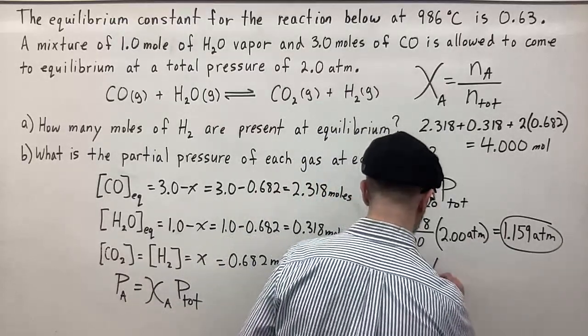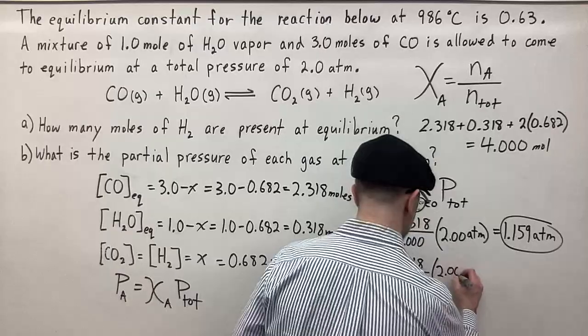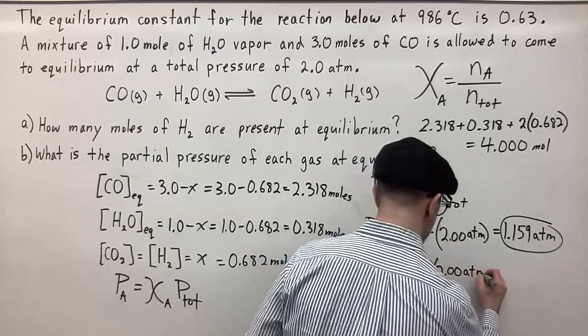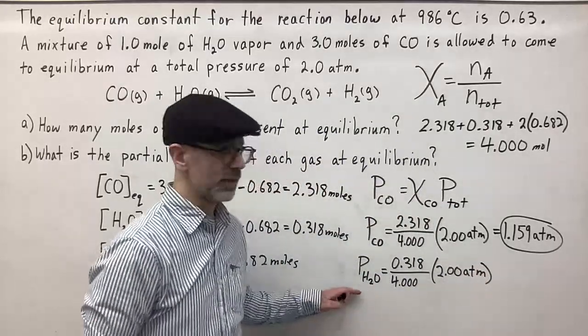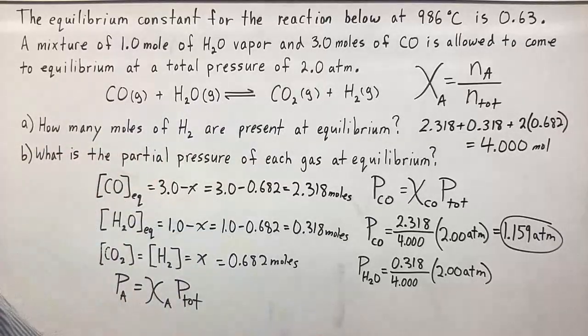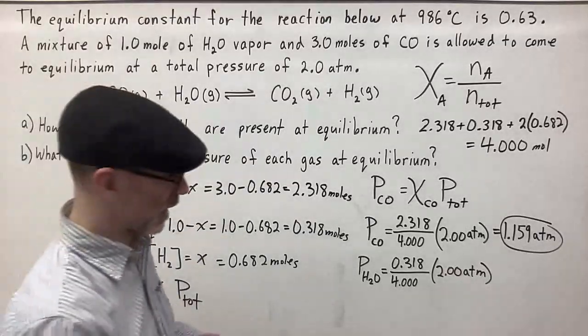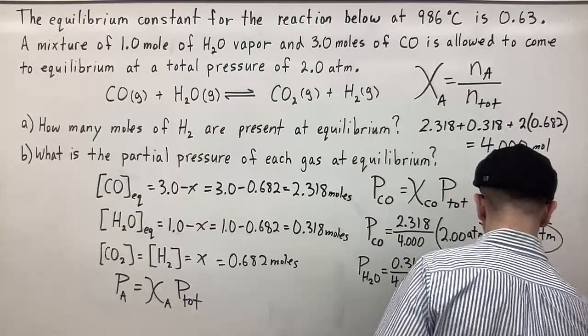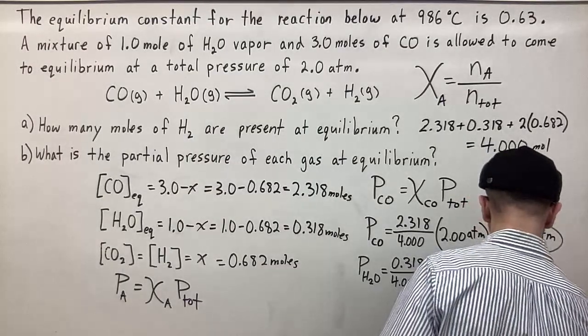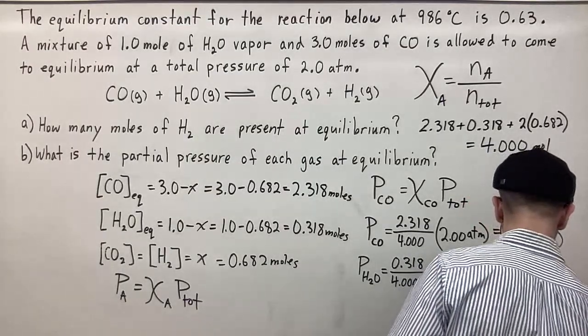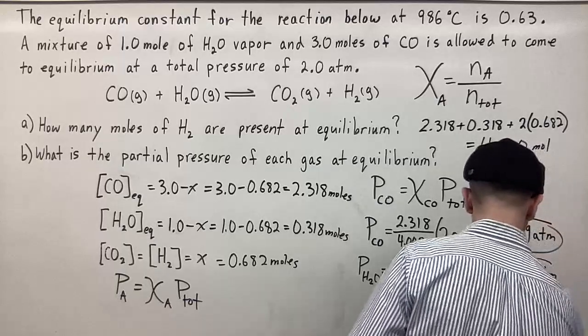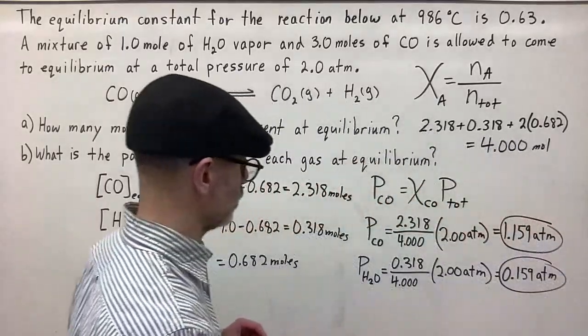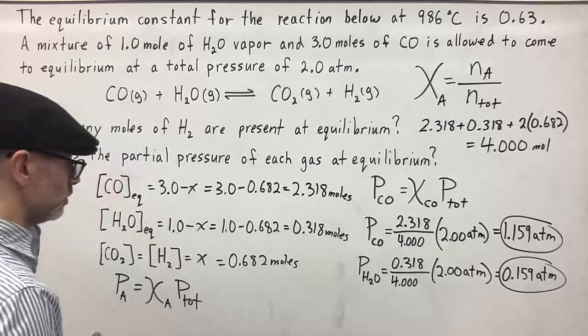And we're going to multiply that by the total pressure again, 2.0 atmospheres. And then we're going to calculate that, and we get 0.159 atmospheres. So that's the pressure of water.